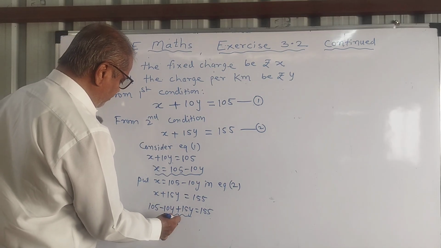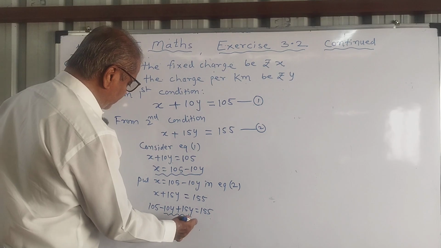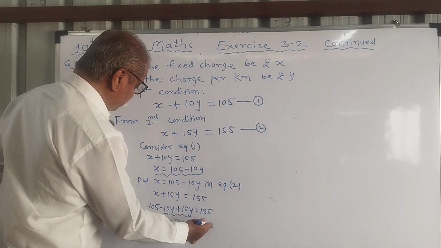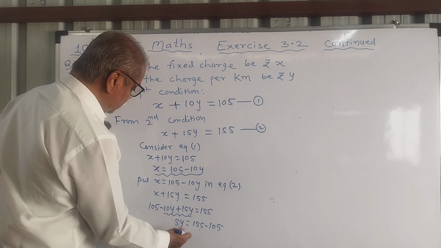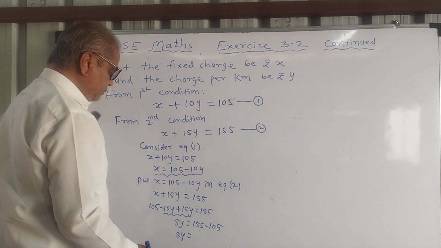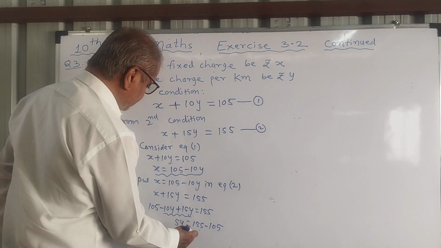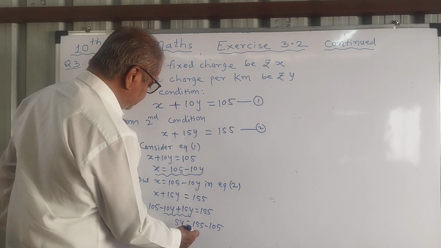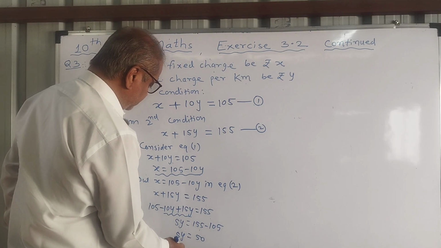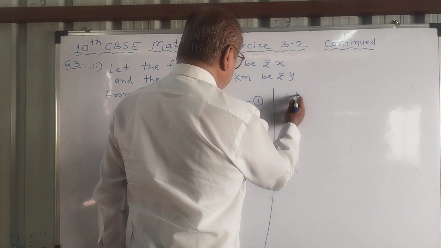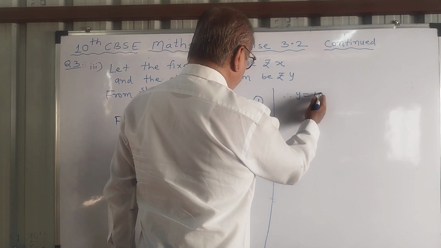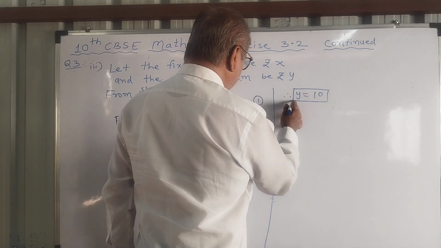So it will give you 5y is equal to 155 minus 105. So 5y is equal to 50. Therefore y is equal to 50 upon 5, which is 10.